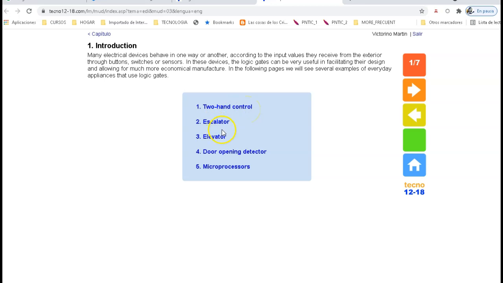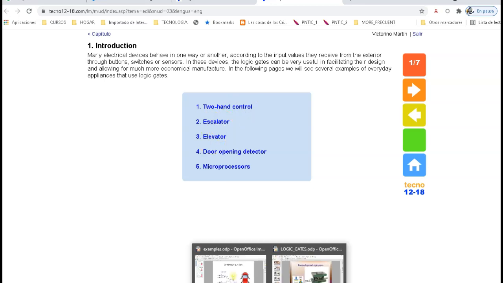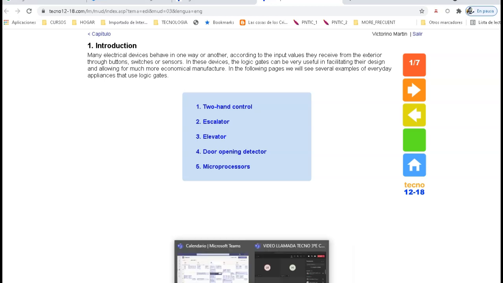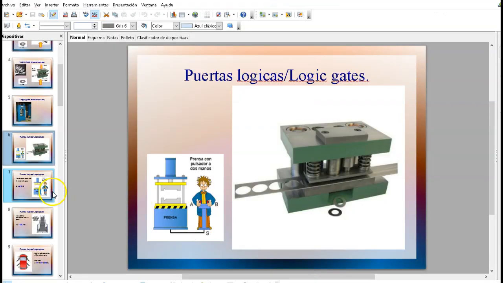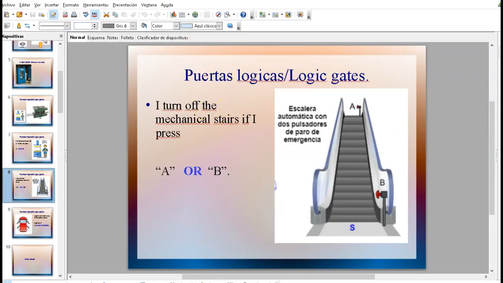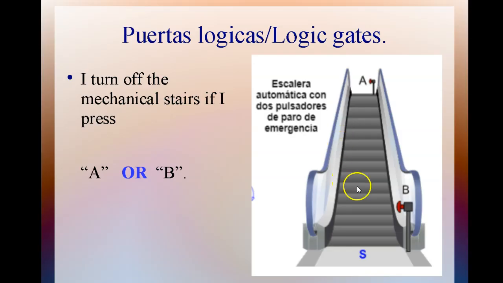Also the escalator. In this one we have another need. The need is a little bit different. In the escalator, the motor will be on all the time.